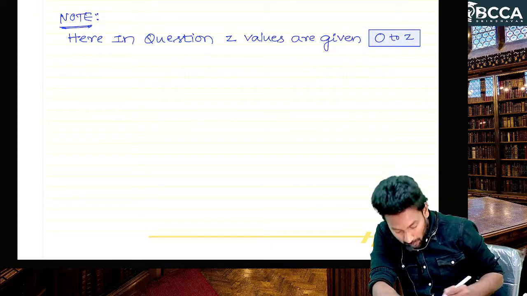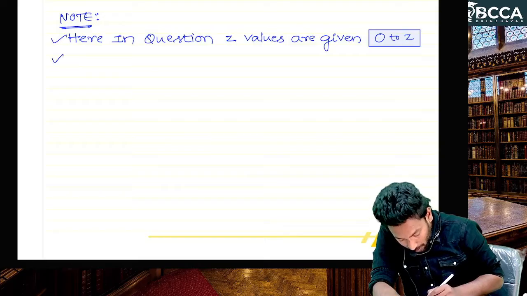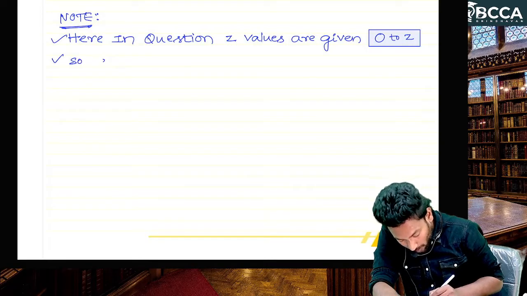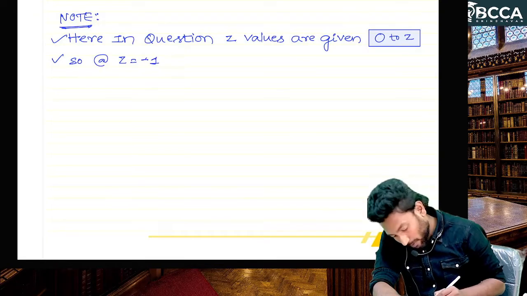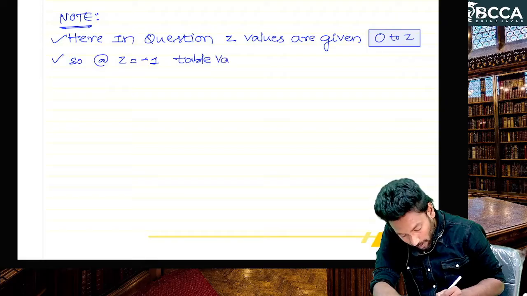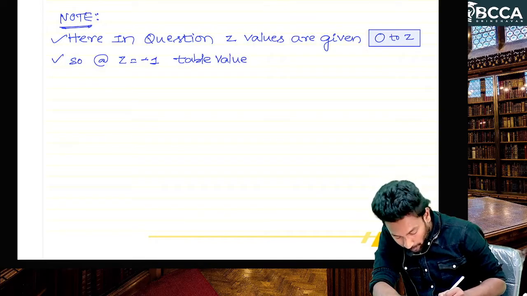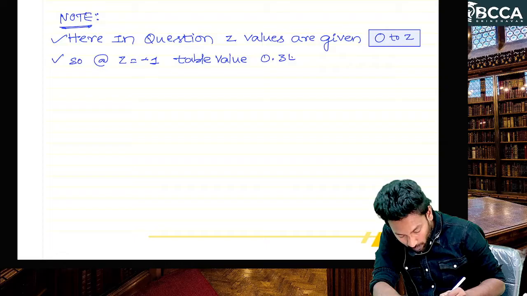So at Z equal to -1, table value is 0.3413.